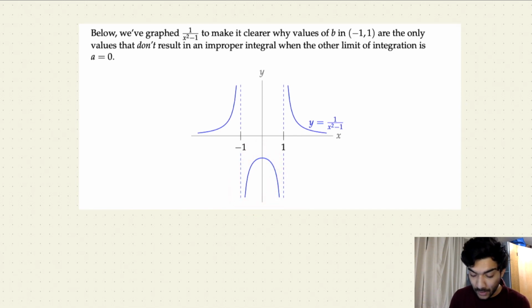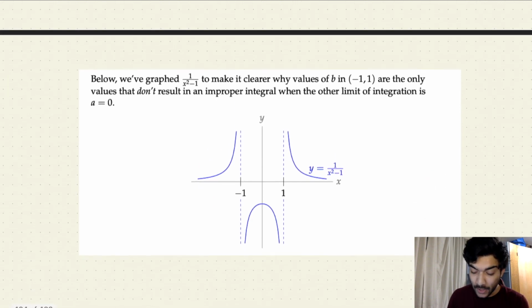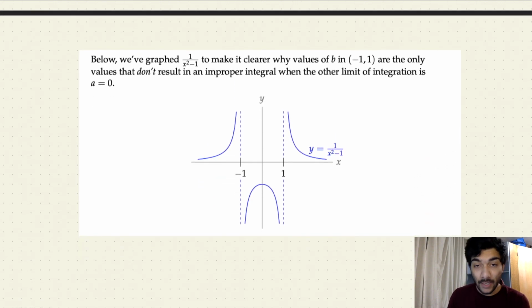But if b is greater than or equal to 1, we'll have to pass by this point over here, right? And calculating the area under the curve if we pass by this point would not be a proper solution to the definite integral. That is why our integral is said to be a proper integral when our values of b lie in between minus 1 and 1, not included.